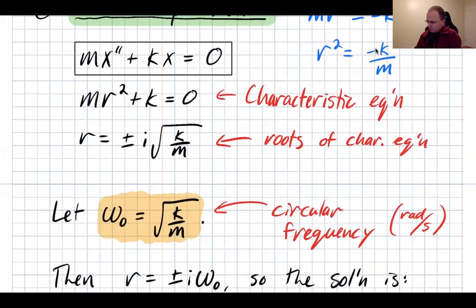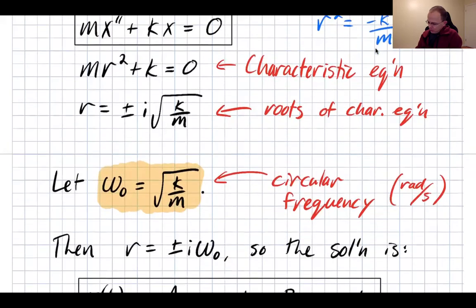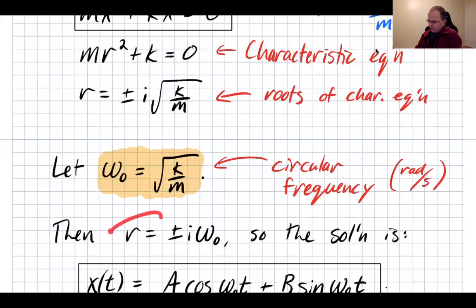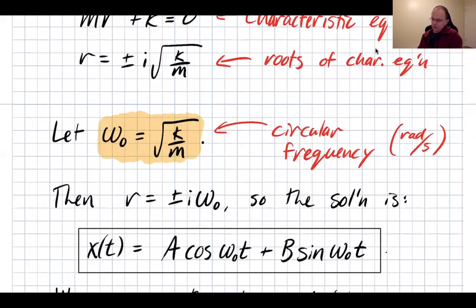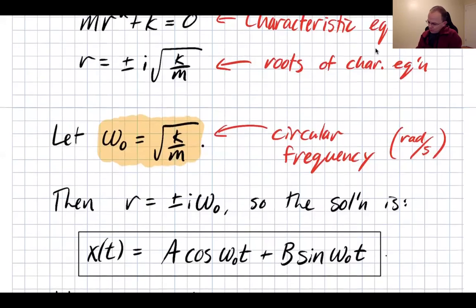Okay, so these are our roots now using omega naught, and so therefore we know exactly what the solution is. So the 2 particular solutions of that differential equation are cosine omega naught times t and sine omega naught times t. So those are 2 linearly independent solutions to the differential equation.